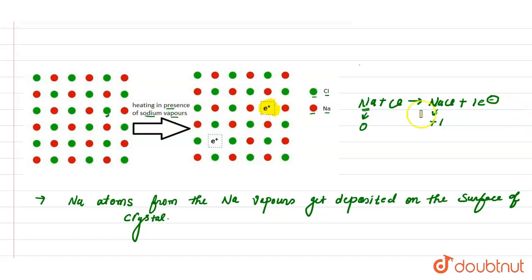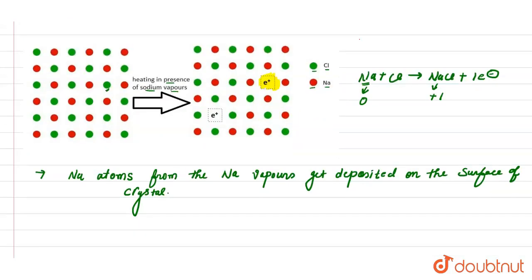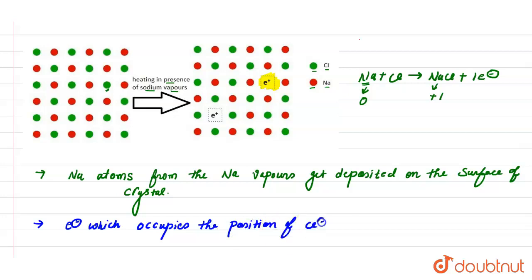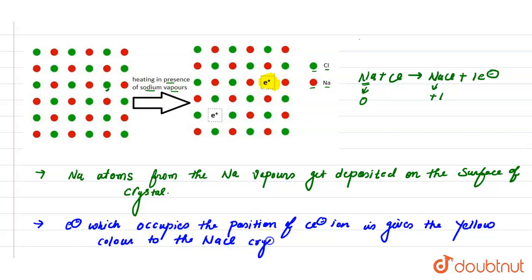Because it absorbs energy and emits the energy in the visible region, thereby imparting the crystal its color. Here, if I write down the reason: the electron which occupies the position of the chloride ion gives the yellow color to the NaCl crystal on heating.